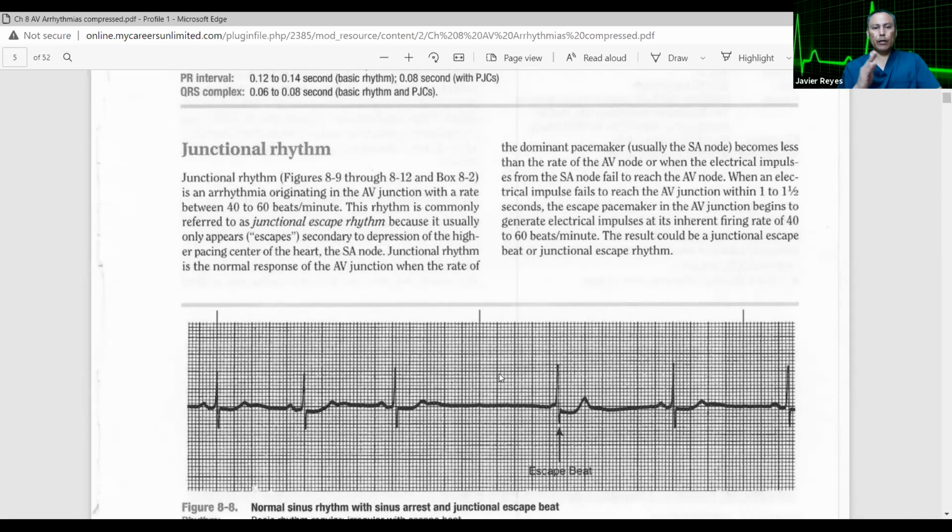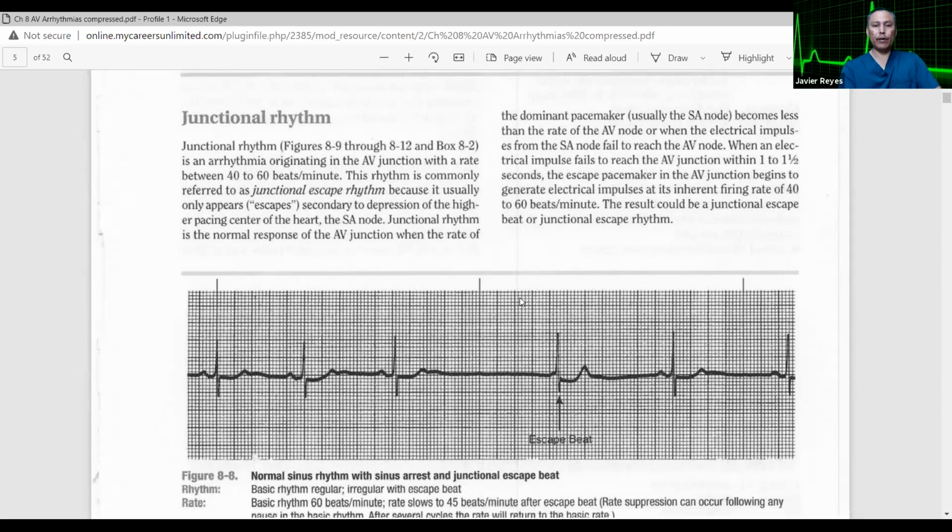So a normal junctional rhythm is going to be between 40 and 60. This is when we talk about escape rhythms. So once you hear escape rhythm, you're like, oh, the SA node is gone. The AV node has now taken over. This is when you see the escape rhythm, when your SA node fails.